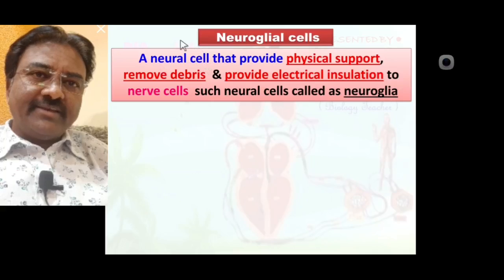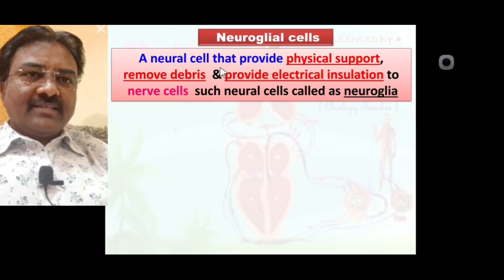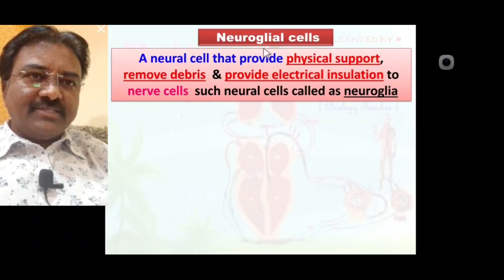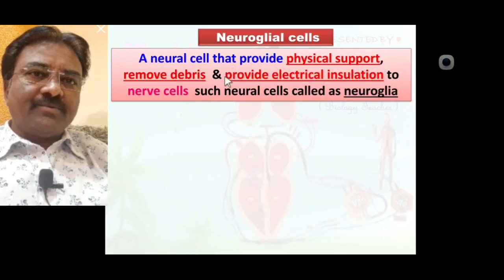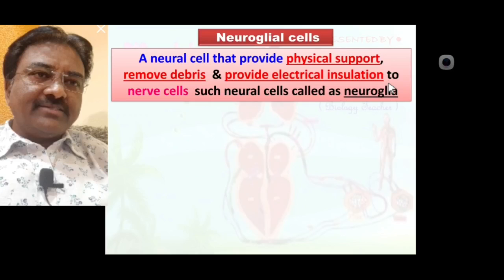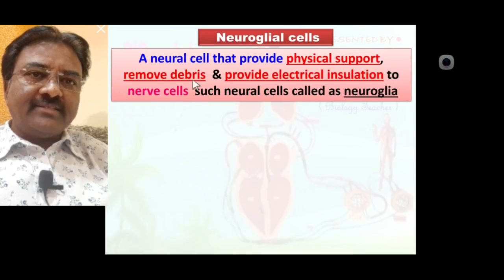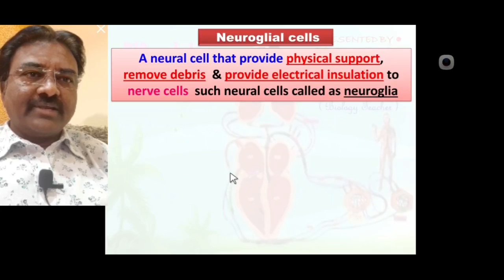They are present in neural tissue, so they are called neural cells. Such neural cells, means neuroglia cells, actually provide physical support, remove debris, and provide electrical insulation to the nerve cells. And such neural cells are called neuroglia, means actual supporting cells of the nerve cells.